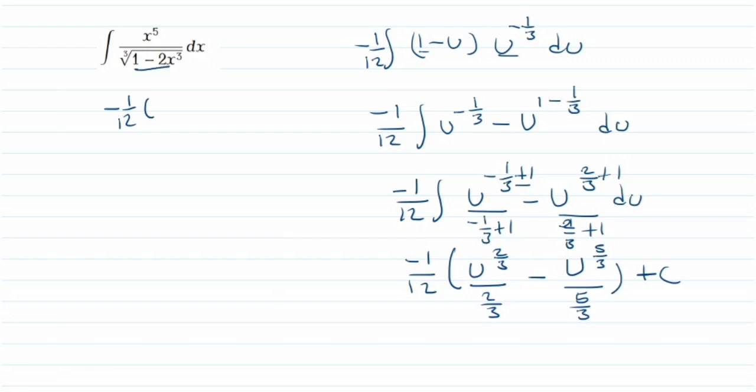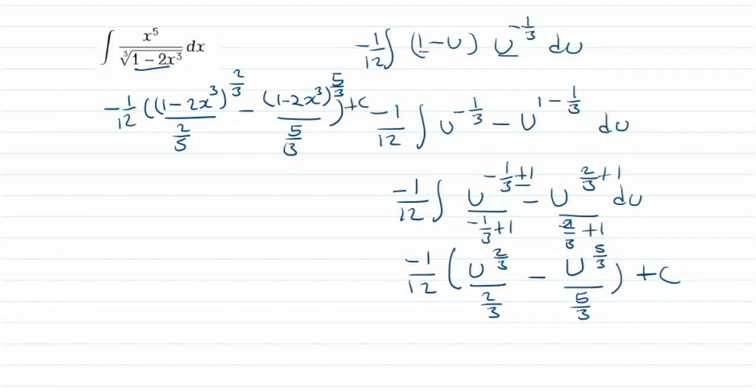So we will have 1 minus 2x to the power 3, to the power 2 over 3, over 2 over 3. And minus, the same way, where there is u, we are going to put our expression 1 minus 2x cubed to the power 5 over 3, everything over 5 over 3 plus c.